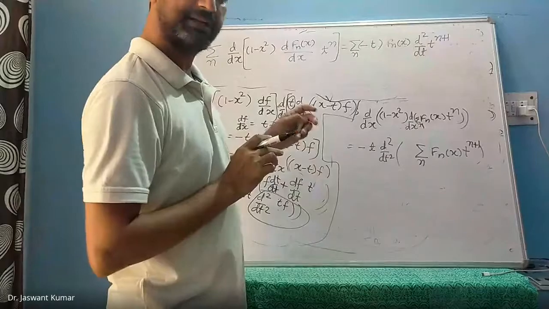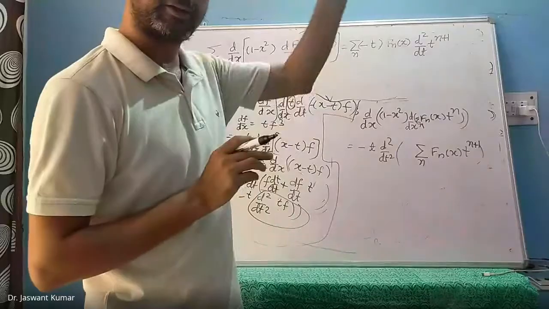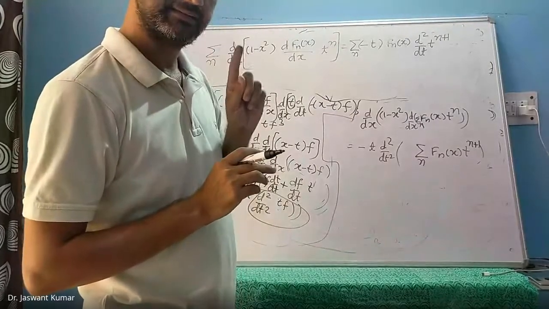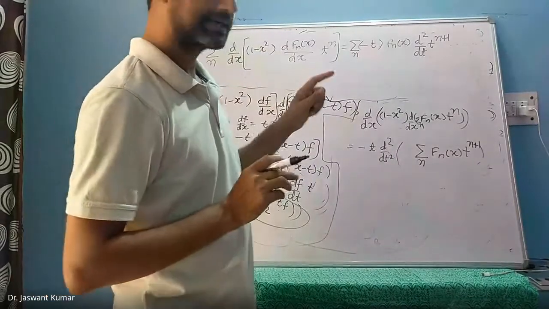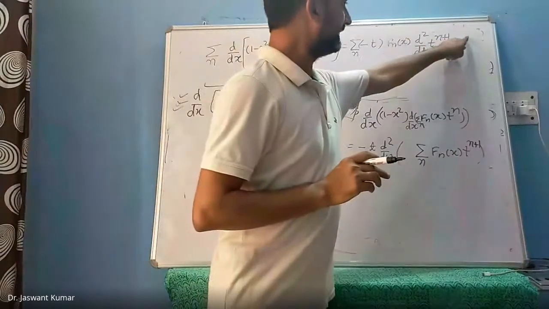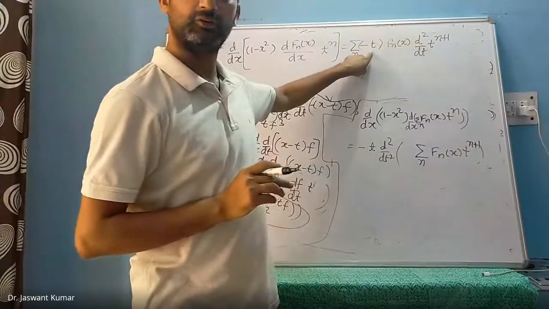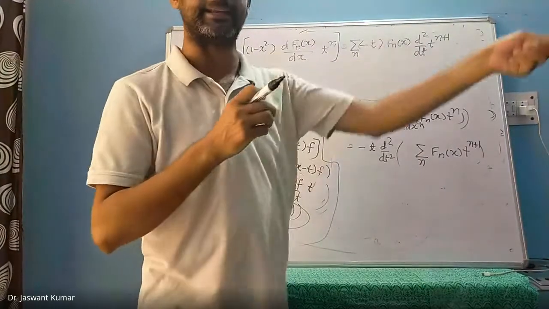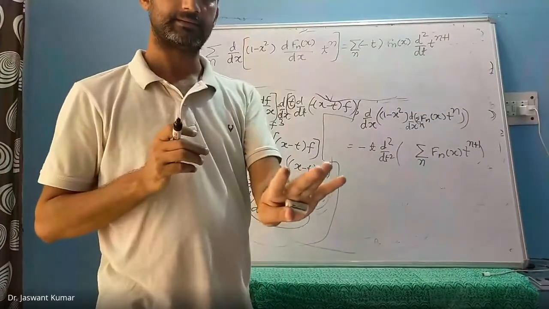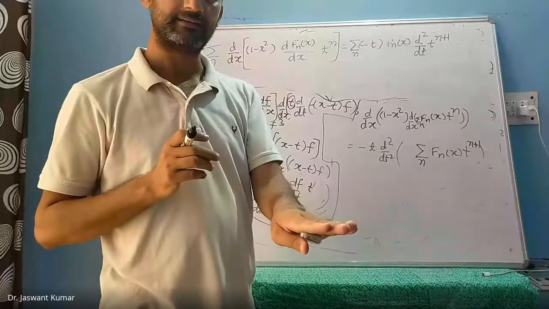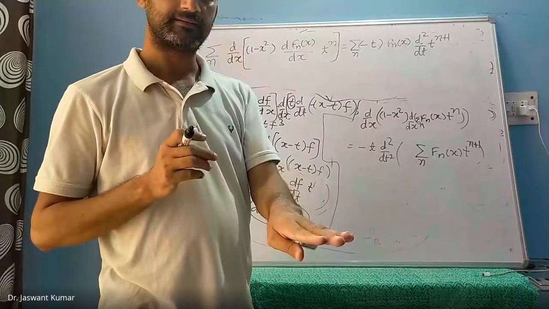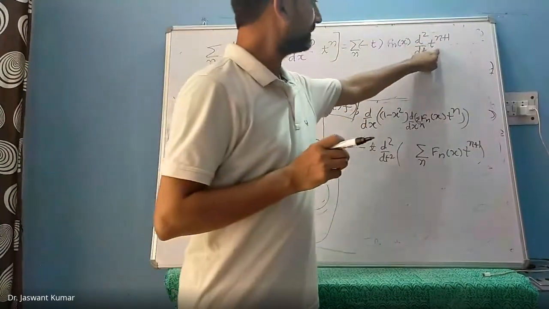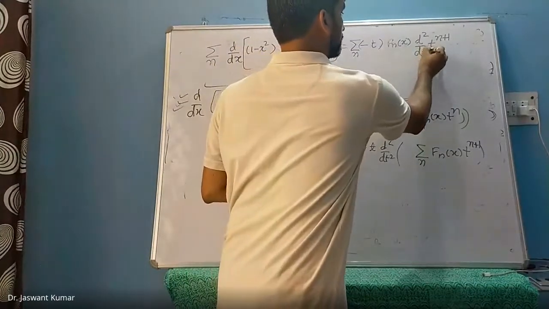n plus 1 into n into t to the power n minus 1. Correct? Yes. And then that t to the power n minus 1 will combine with this t to give you a t to the power n. Agree? Oh sorry, this is dt2.